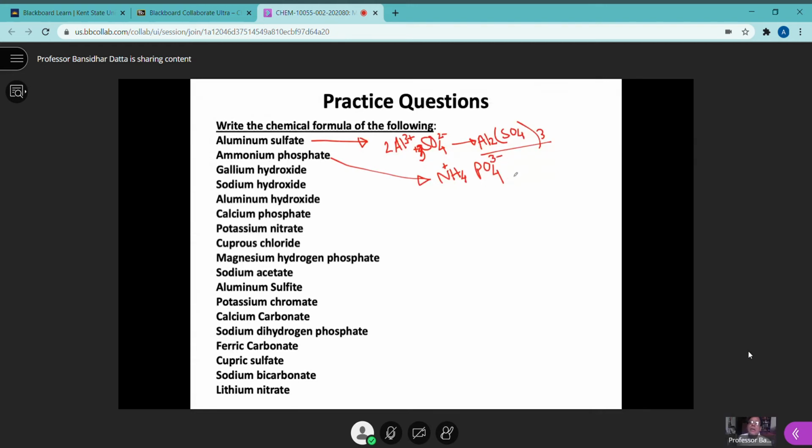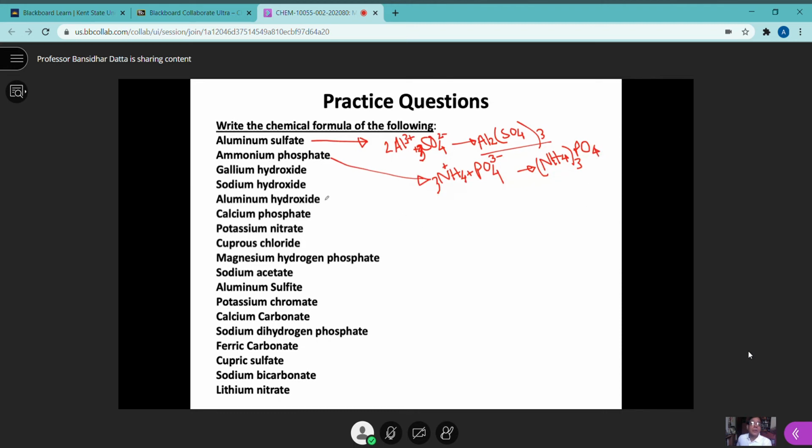PO4 3 minus. Now put them together. So ammonium ion plus phosphate ion, put them together. You have 1 plus and 3 minus. So you have to take 3 of them. Am I right? You have to take 3 of them. So that means (NH4)3PO4. That's ammonium phosphate. Everybody comfortable? Everybody okay? All right.